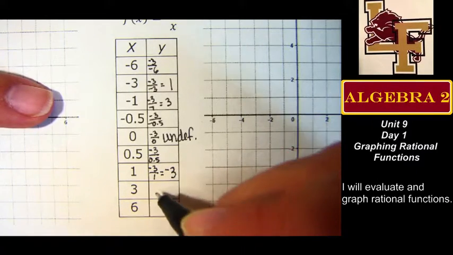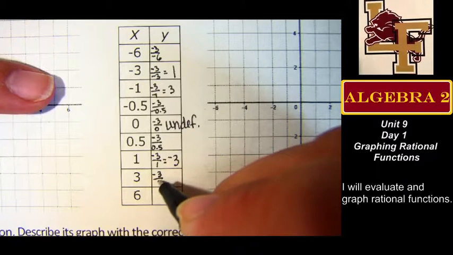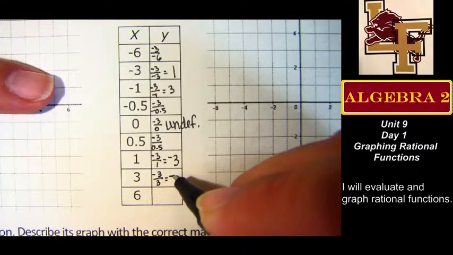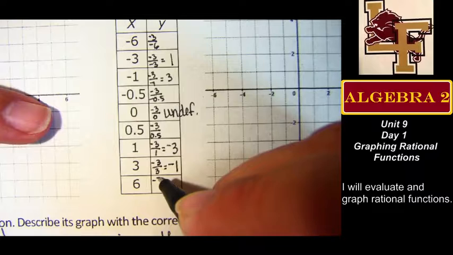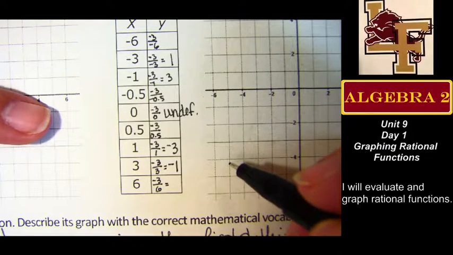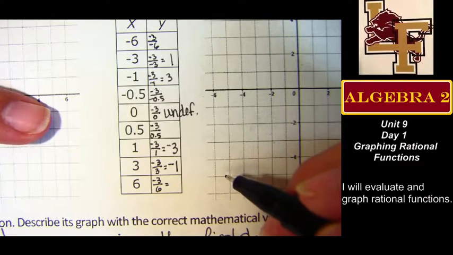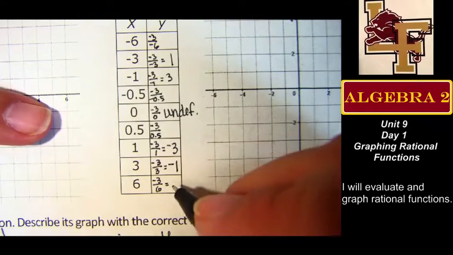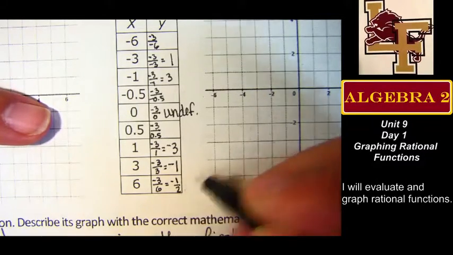-3 over 1, that one's easy for me to do in my head. -3 over 3, also easy for me to do in my head. I think -3 over 6 I can do in my head. -1/2, okay.